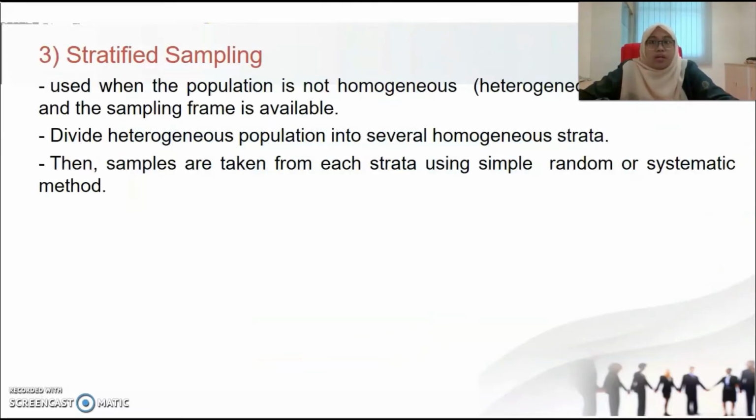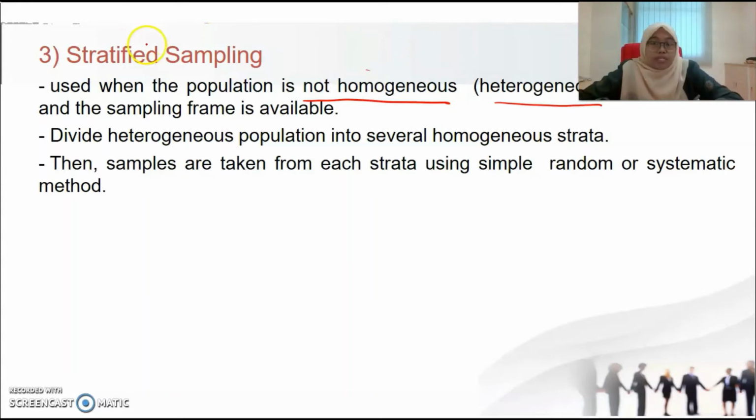Alright, next one, we have stratified sampling. This sampling is used when the population is not homogeneous. Not homogeneous means heterogeneous, which means the elements in the population possess different characteristics.